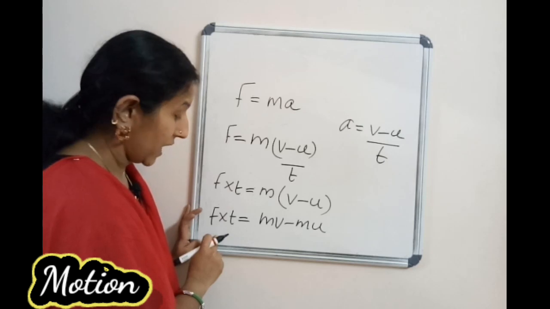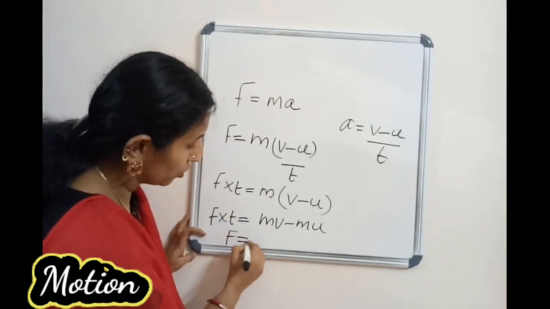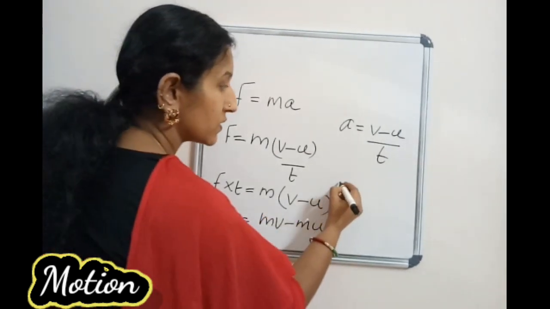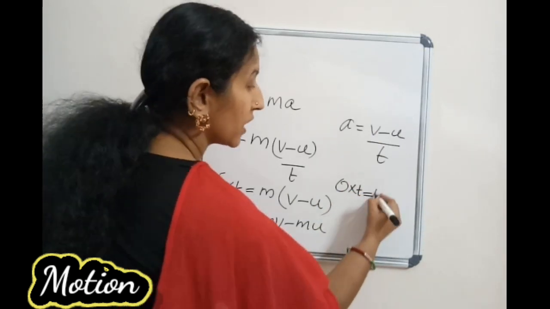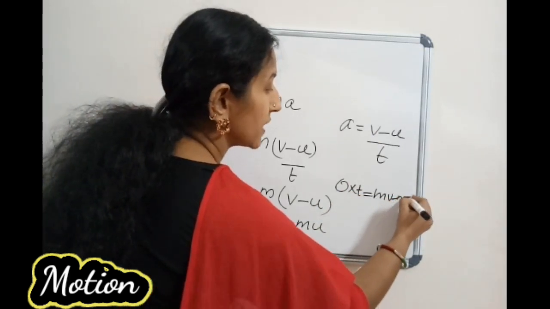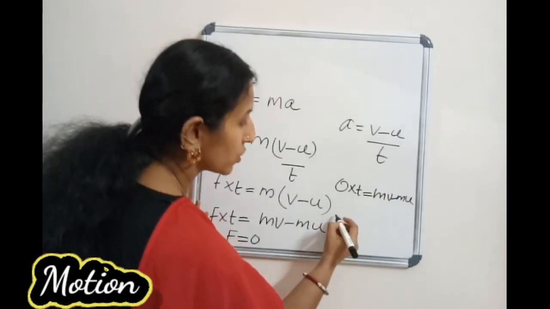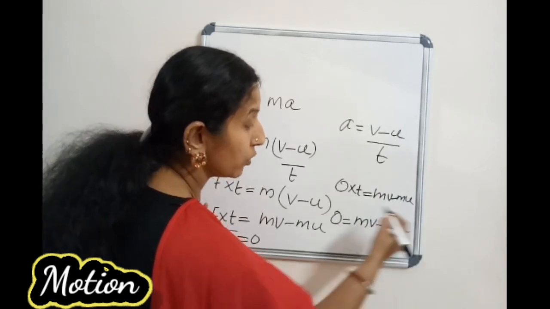Okay, suppose F equal to 0. Then what happens to this equation? 0 into t equal to mv minus mu, which means 0. So 0 equal to mv minus mu.